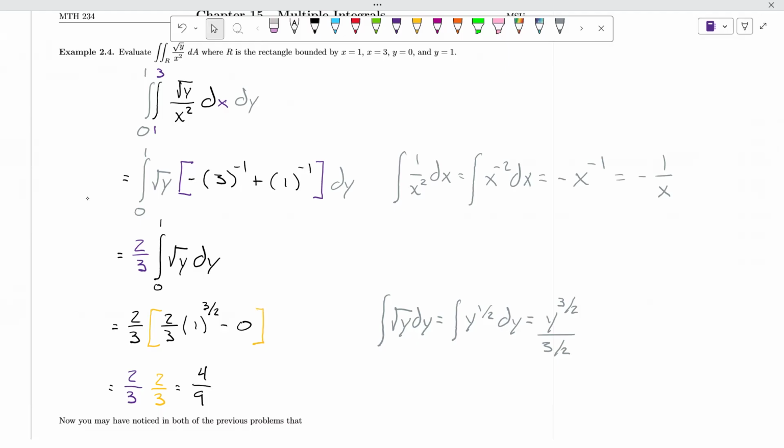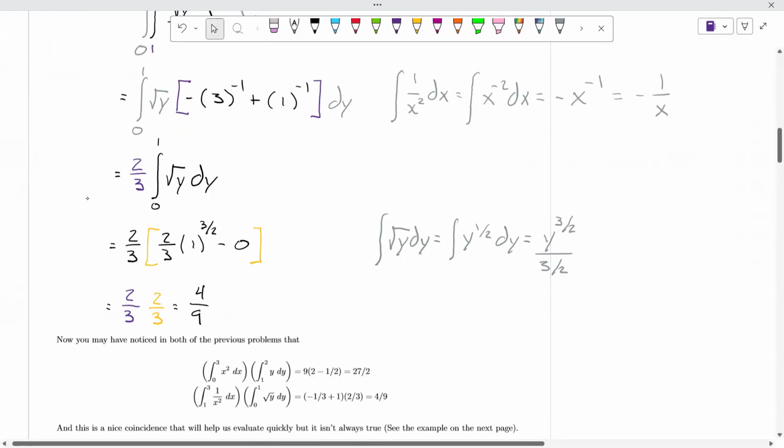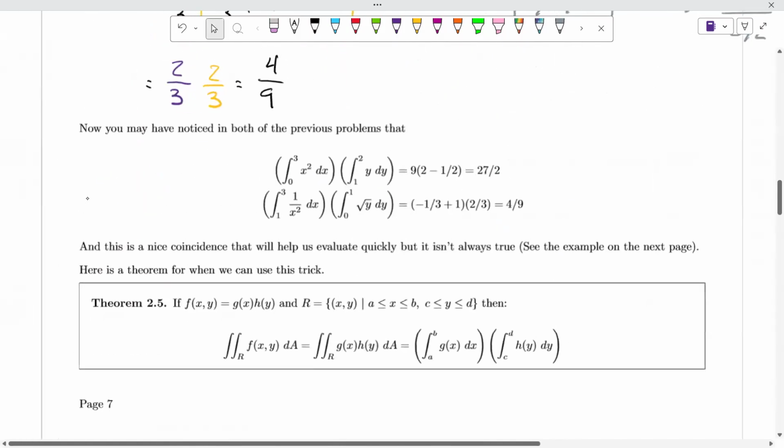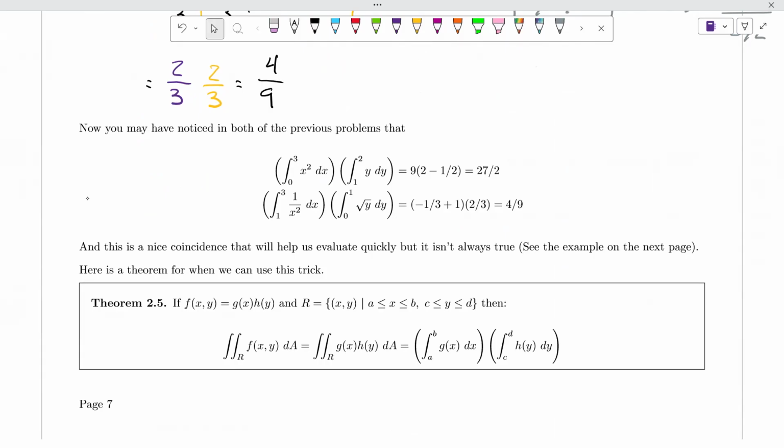I got 2/3 again, without even looking at the other variable, multiplied them together and got 4/9. In particular, if we completely separate those two integrals, doing the integral of 1 over x squared dx and the integral of root y dy, I get 2/3 for both, multiply them together and get 4/9. That's the same answer I got when doing this as an iterated set of integrals, where I had one inside of the other.